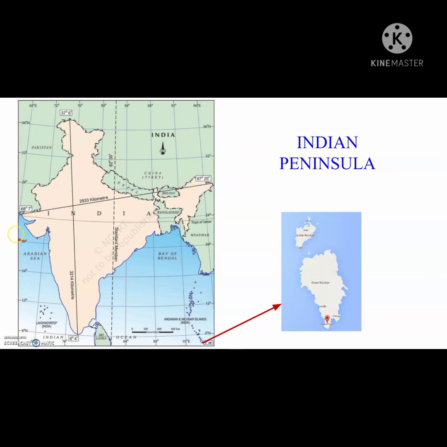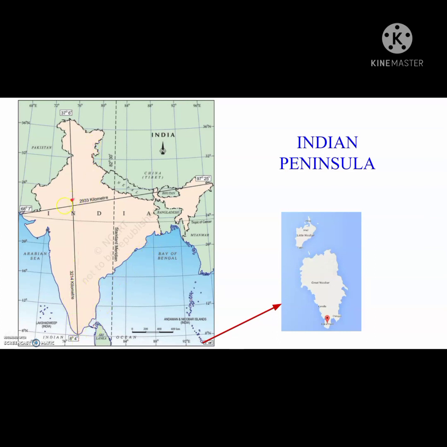The Tropic of Cancer passes through the middle of India. This means that the southern tip of India lies 8 degrees 4 minutes away from the equator. From north to south, India covers a distance of 3,214 kilometers.